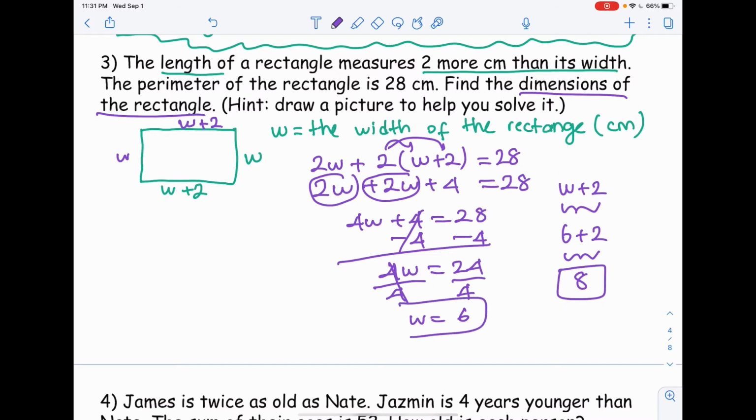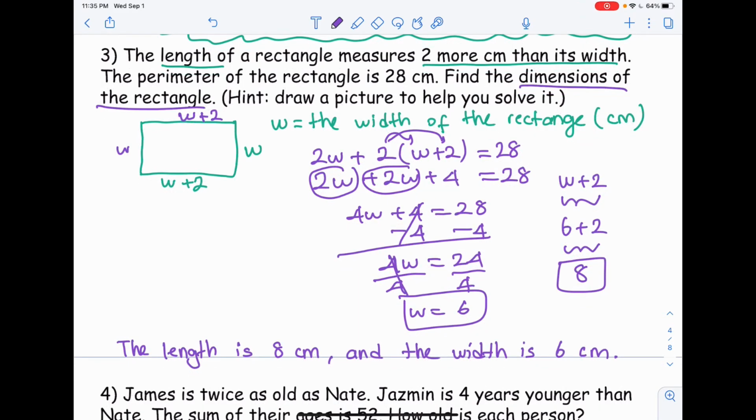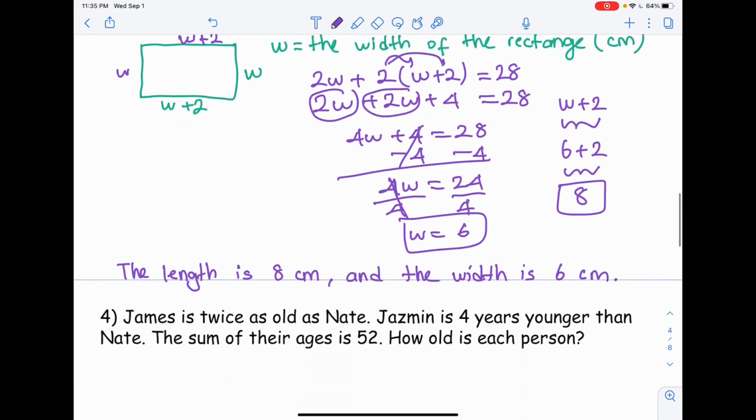So then, let's write the length is 8 centimeters and the width is 6 centimeters. Next question.